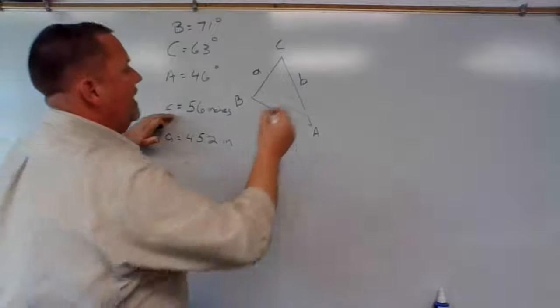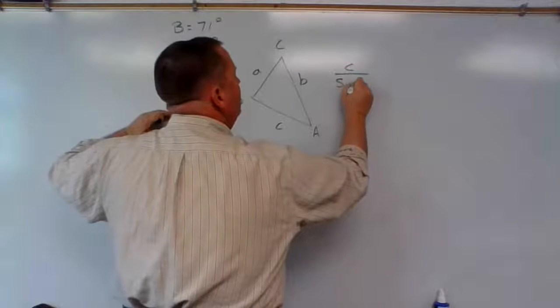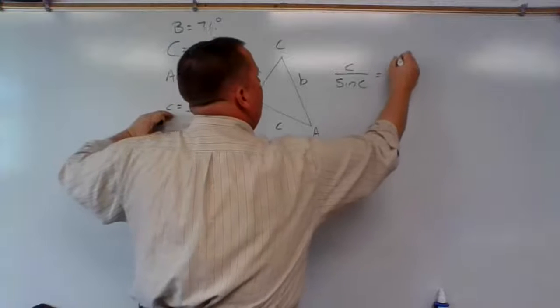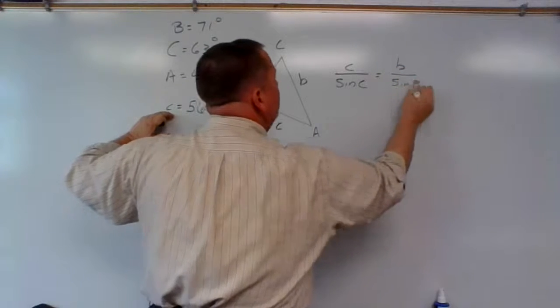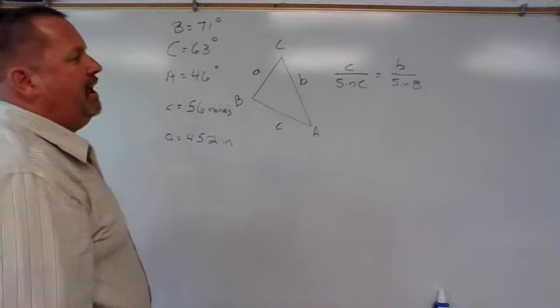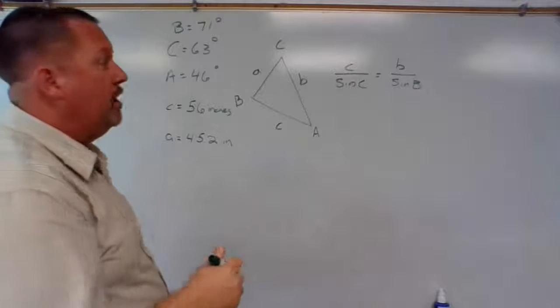So I'm going to say C over sine C equals B over sine B. Okay, that's using the law of sines. And again, some real quick algebra before I even plug in numbers.